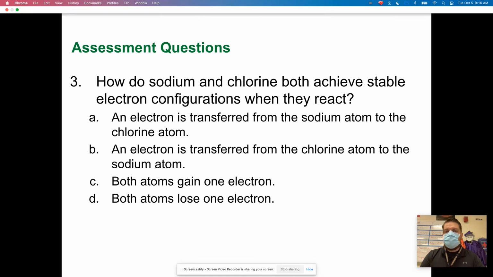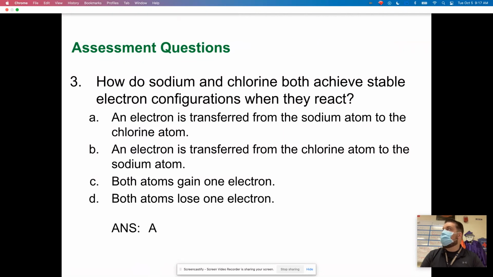How do sodium and chlorine both achieve stable electron configurations when they react? An electron is transferred from the sodium, which is group 1 with 1 valence electron, to a chlorine atom, which has 7 valence electrons, group 7.